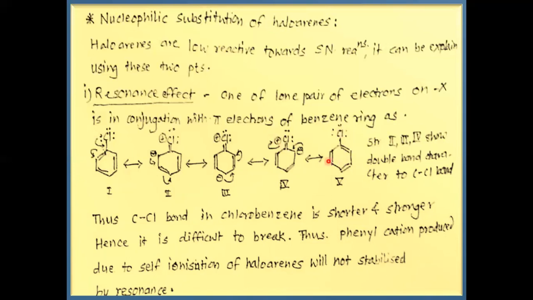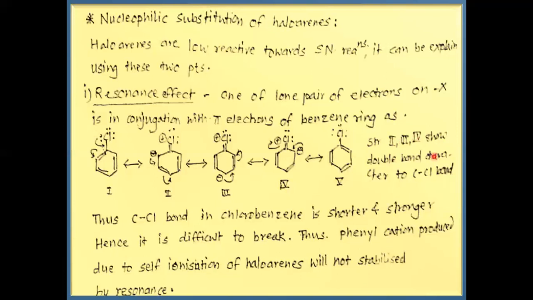In the first and fifth structures, there is only a change in the position of pi electrons, in the position of double bonds. That is because of resonance.